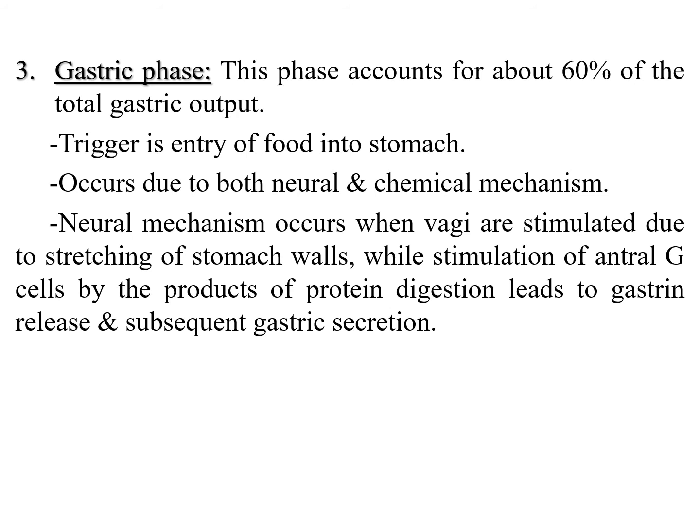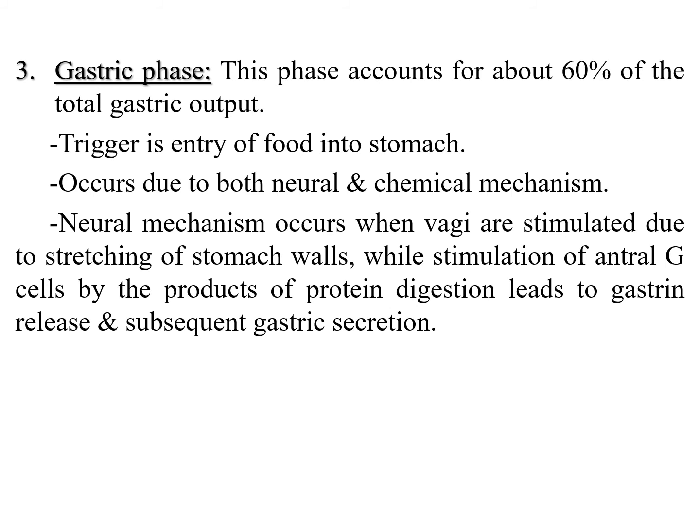Also, this food, after it enters the stomach, starts undergoing digestion, and products of protein digestion due to the action of pepsin are now inside the stomach lumen. These products of protein digestion stimulate G cells present mainly in the antral mucosa, or the mucosa of the gastric antrum, and the G cells, on being stimulated, release the hormone gastrin.